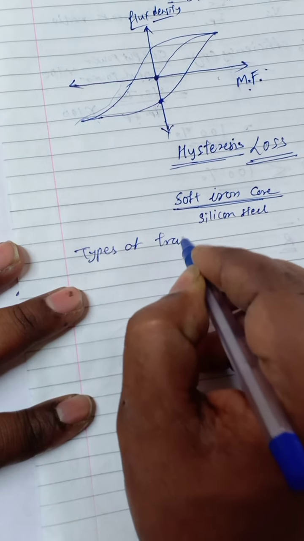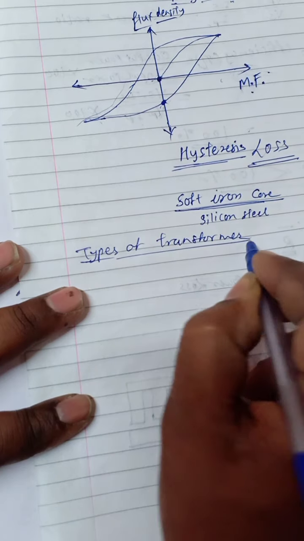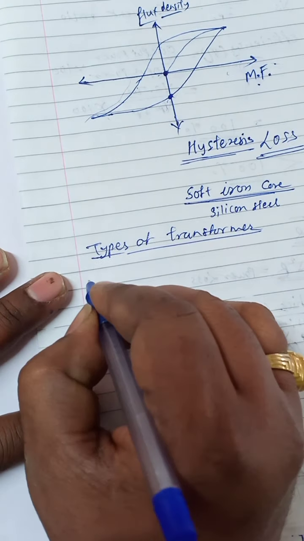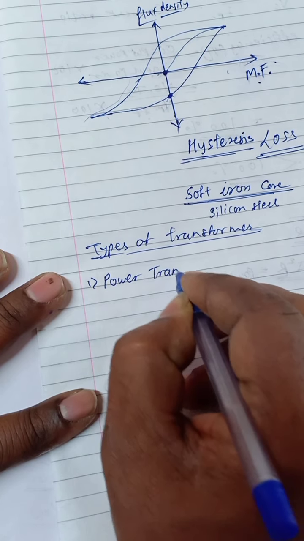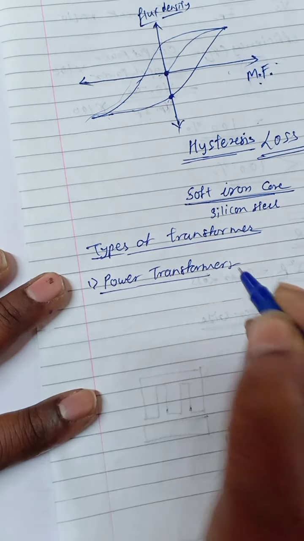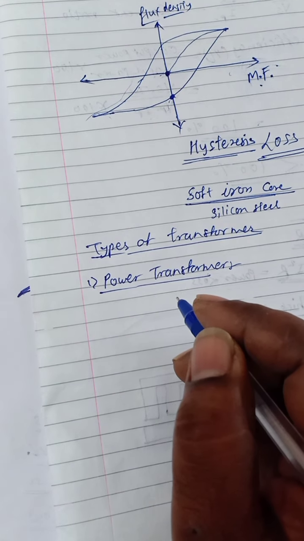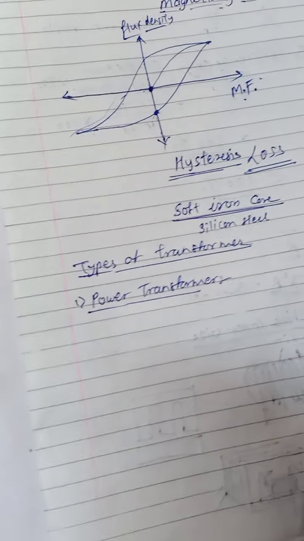Types of transformer. The first type is a power transformer. This power transformer is generally used in power supplies.